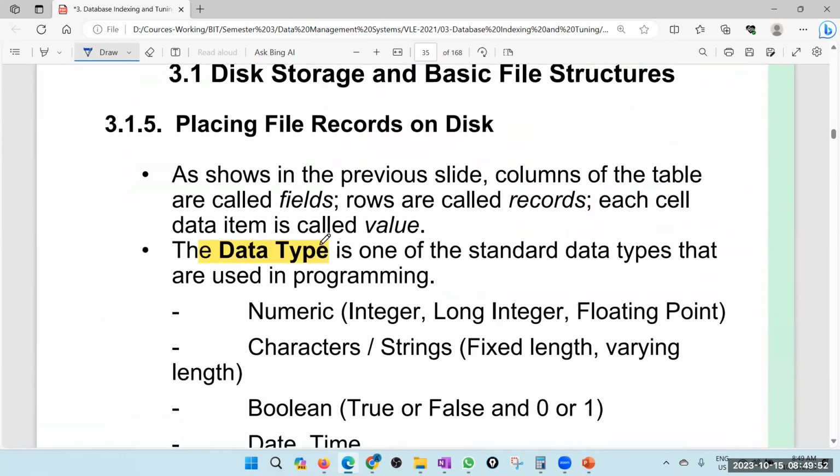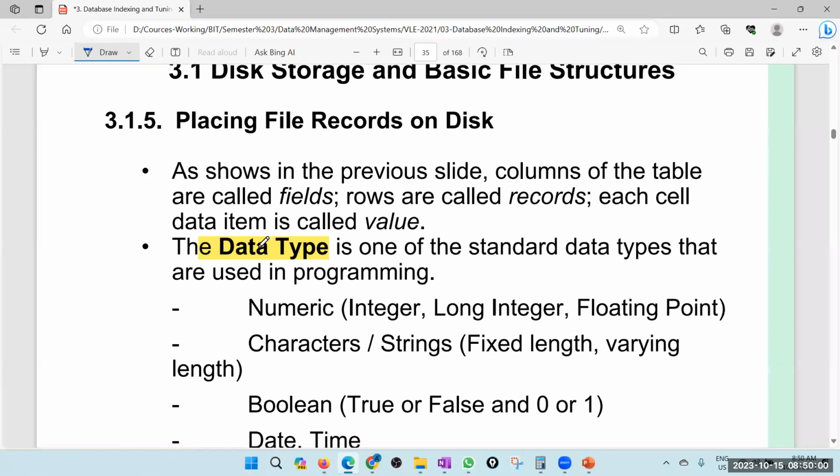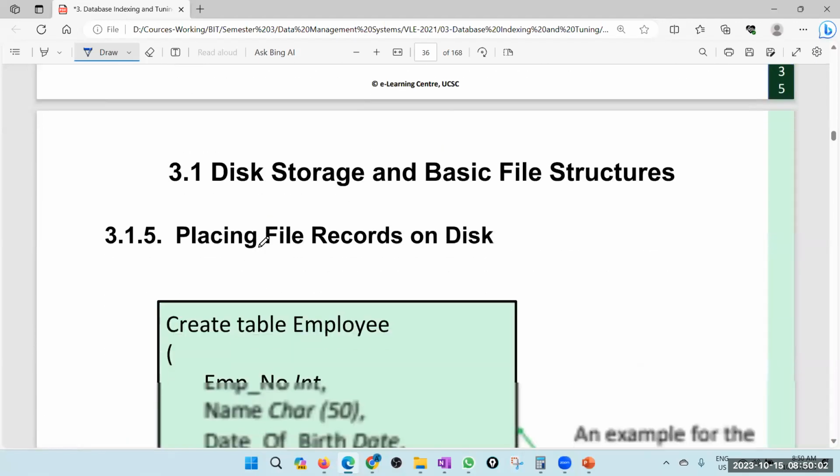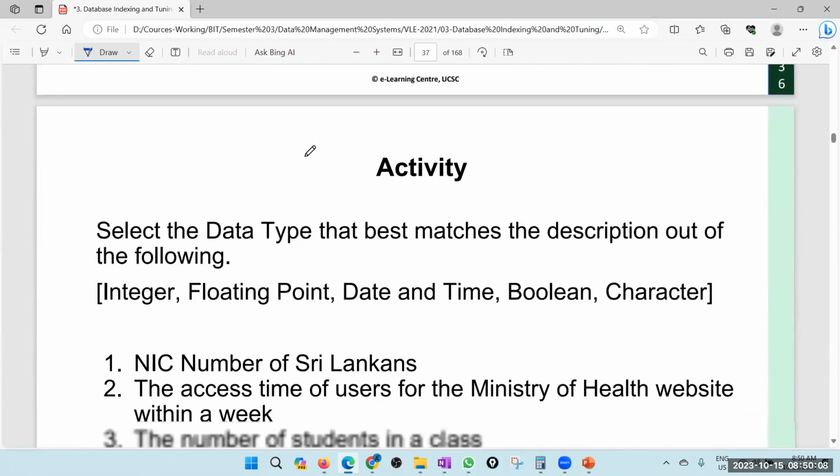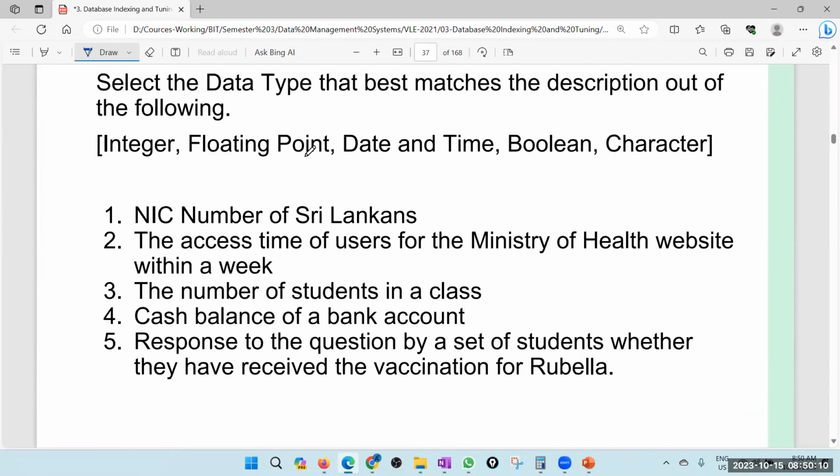So we have data types, and we know that the data type can determine the required storage. This is how you create a table, as you know.